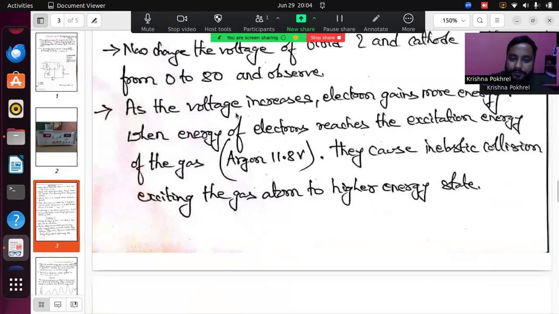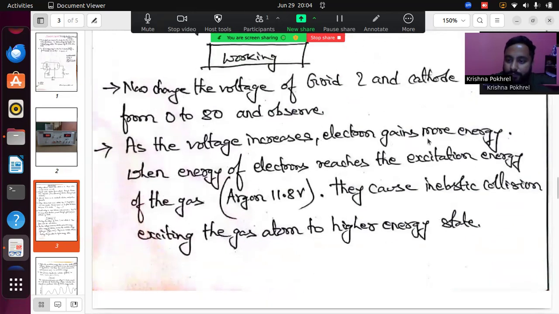As the voltage increases, the electron gains more energy. When the energy of the electron reaches the excitation energy of the gas, argon, 11.8 volt, it causes an inelastic collision, exciting the gas atom to a higher energy state.